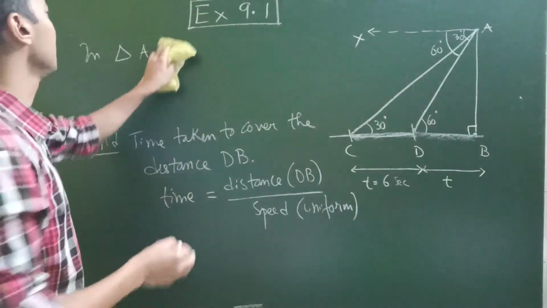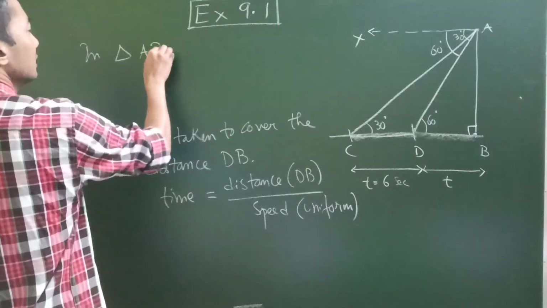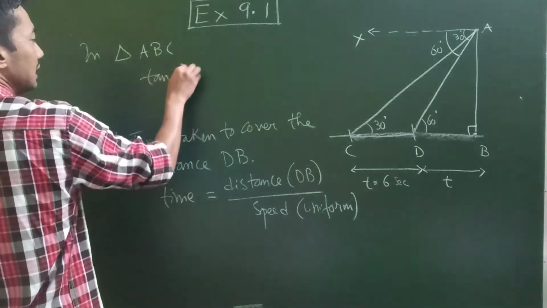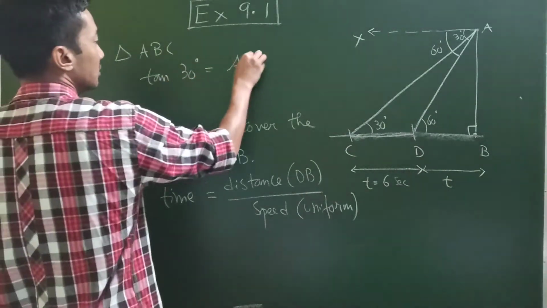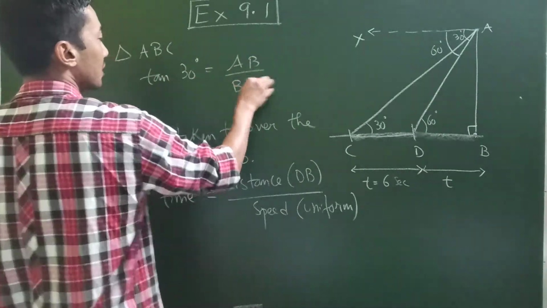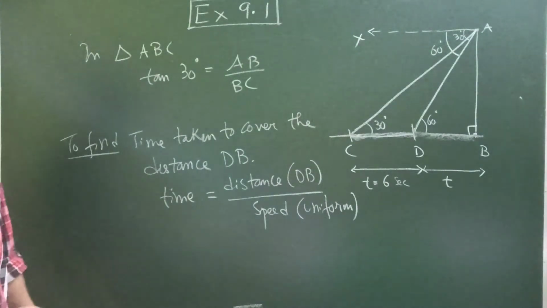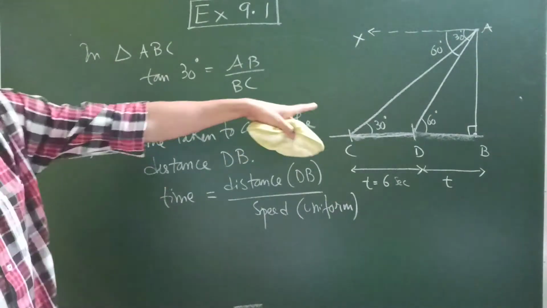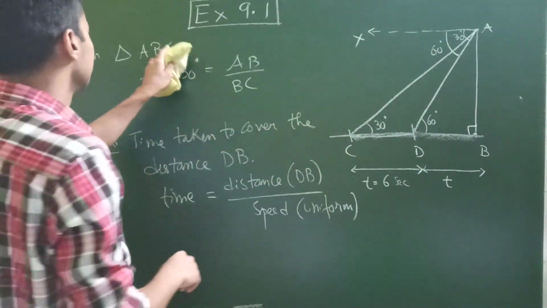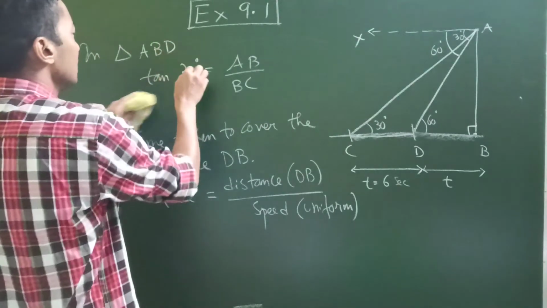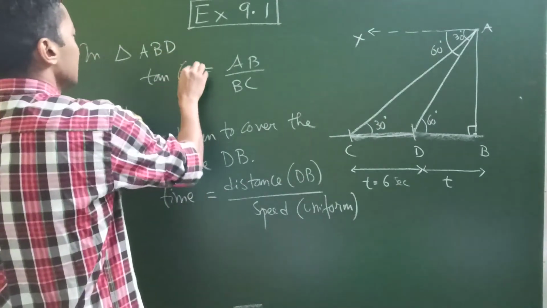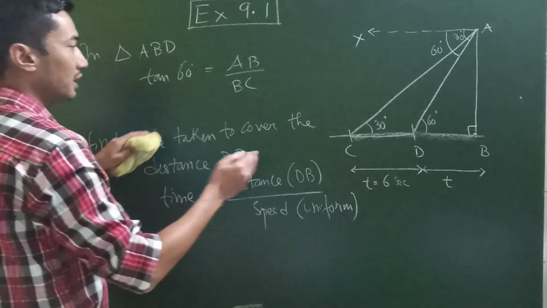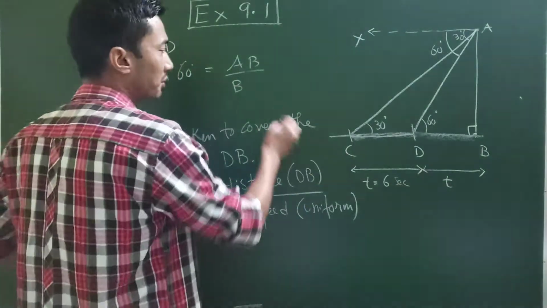Let's say ABC, we'll go to that later on. We start with the smaller triangle, okay? Triangle ABD, tan of 60 degrees.